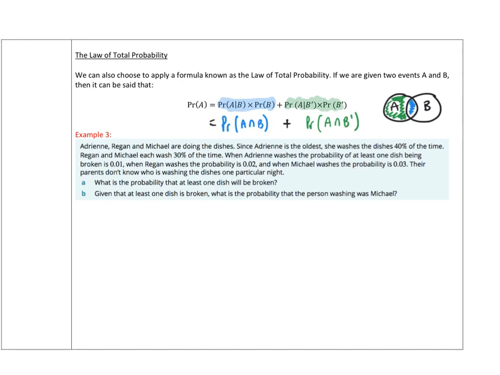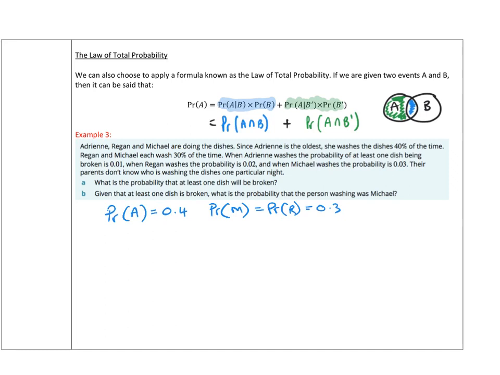So we can imagine that we have the probability of Adrienne washing dishes equal to 0.4, and the probability of Michael, which is equal to the probability of Regan washing the dishes, is 0.3. Now it says when Adrienne washes the dishes, the probability of at least one dish being broken is 0.01. When Regan washes, the probability is 0.02, and when Michael washes, the probability is 0.03.